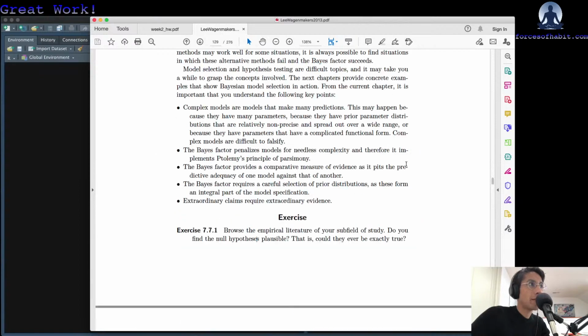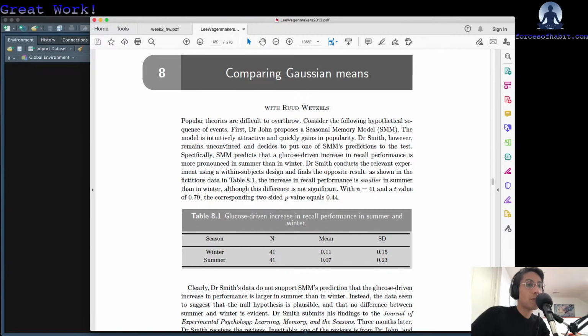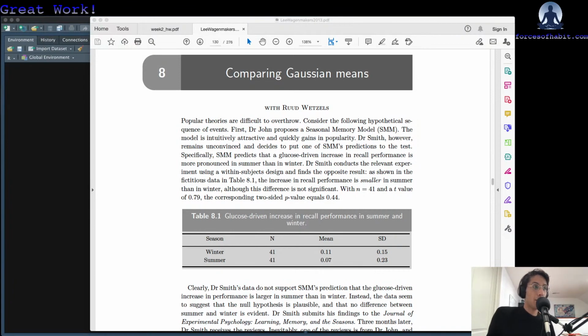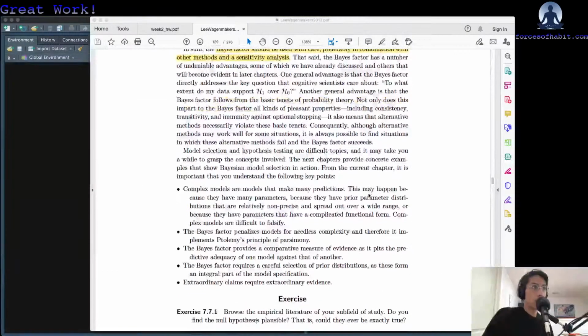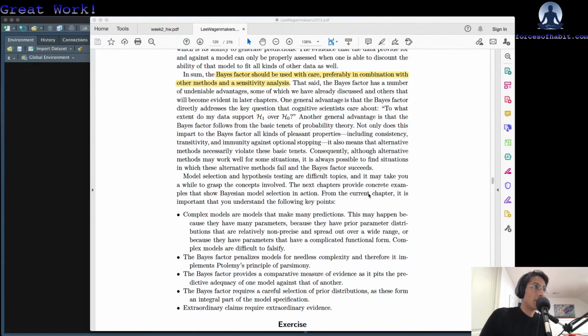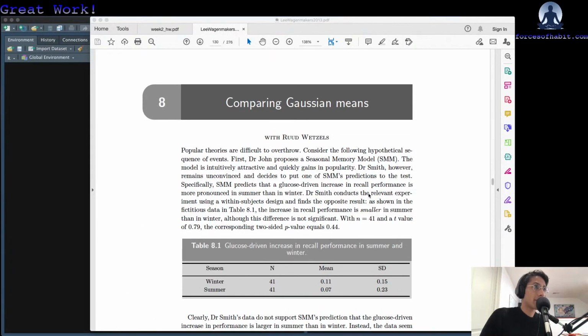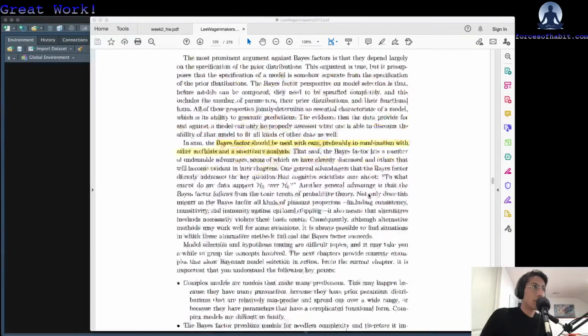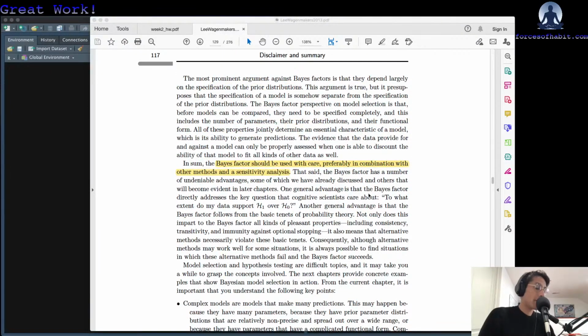Great. So we've made our way through chapter 7, which was really about touching on the high points of using model comparisons. In the coming chapters, we're going to be doing some concrete examples, using what we talked about in chapter 7.